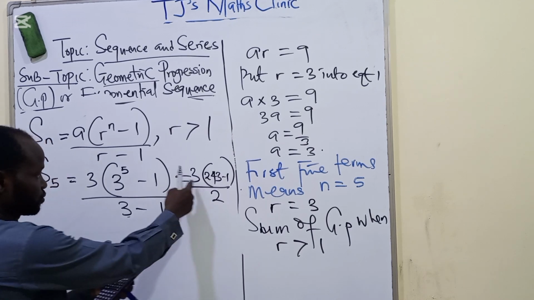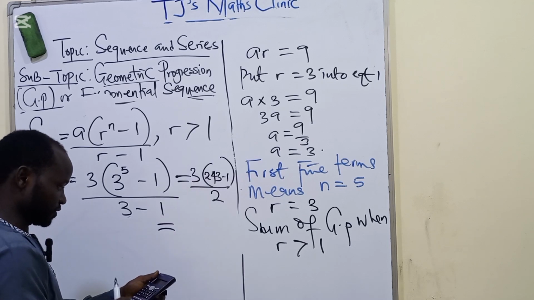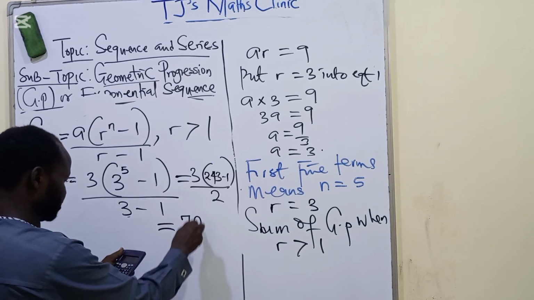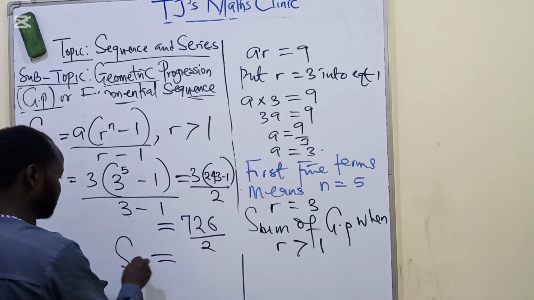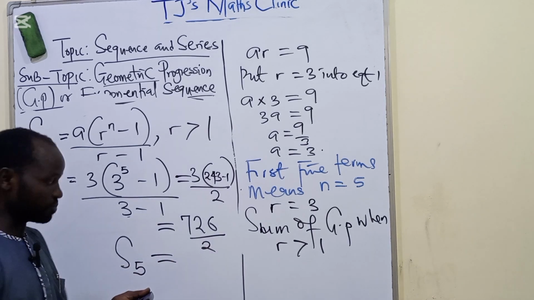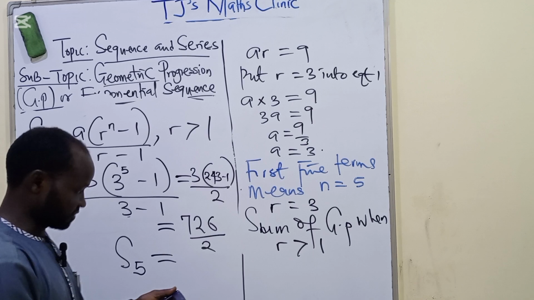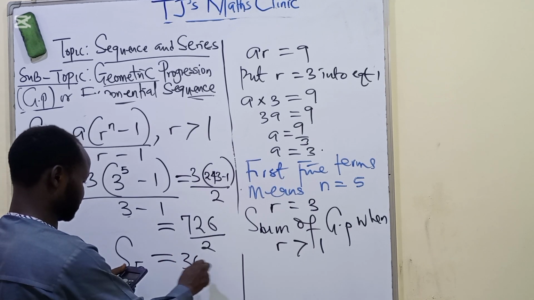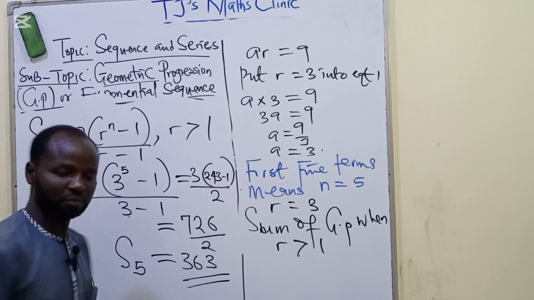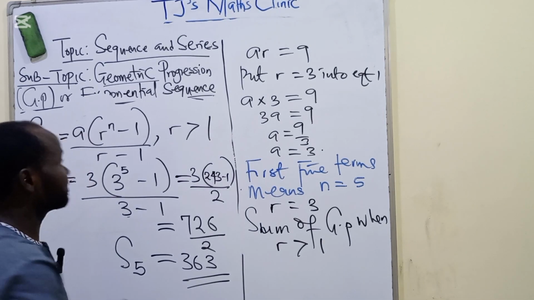That will be 242, times 3. That will be 726 divided by 2. What will be the sum now? Sum of the first 5 terms will be 726 divided by 2. That will be 363. So this will be the sum of the first 5 terms.